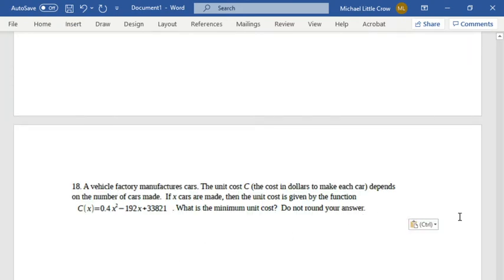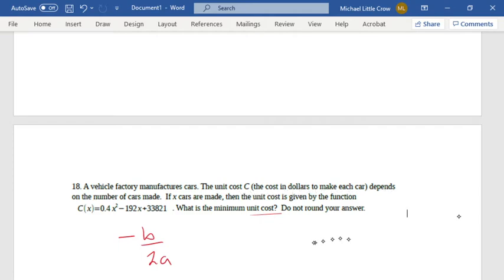I think what you're using is minus b over 2a. This will give us the x coordinate of the vertex. We would then need to plug that in, and that would give us the unit cost.